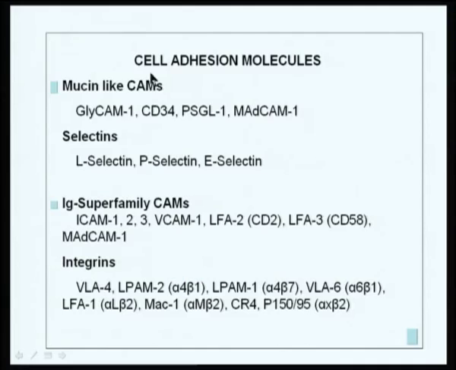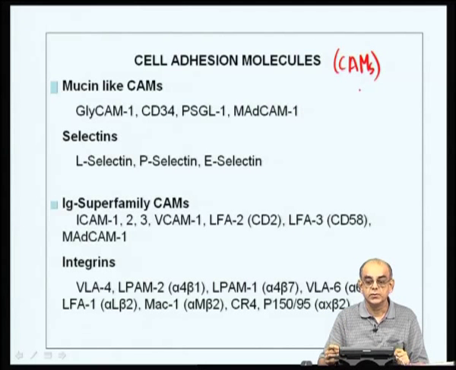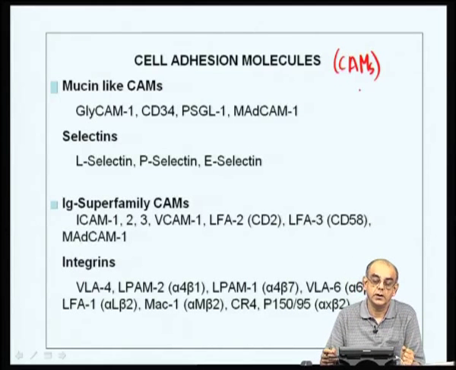Now, how does this homing or lymphoid trafficking occur? As I told you earlier, this is happening mainly because of cell-cell interaction via molecules called cell adhesion molecules, CAMs for short. These cell adhesion molecules play a major role in lymphoid trafficking through the lymph node, out of the lymph node, into the heart, as well as in other locations.